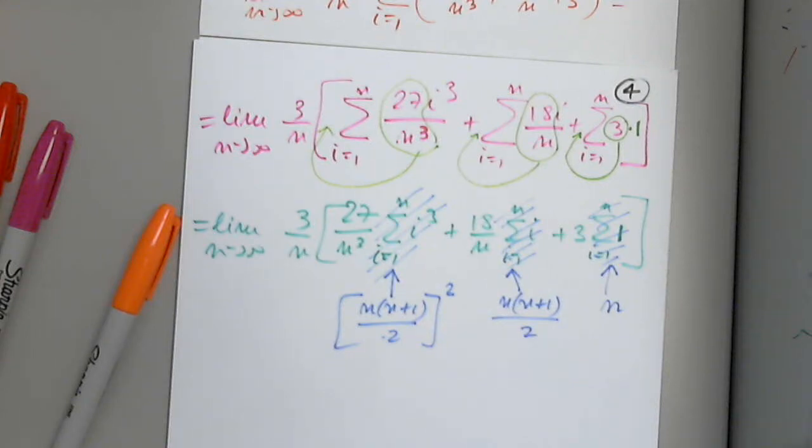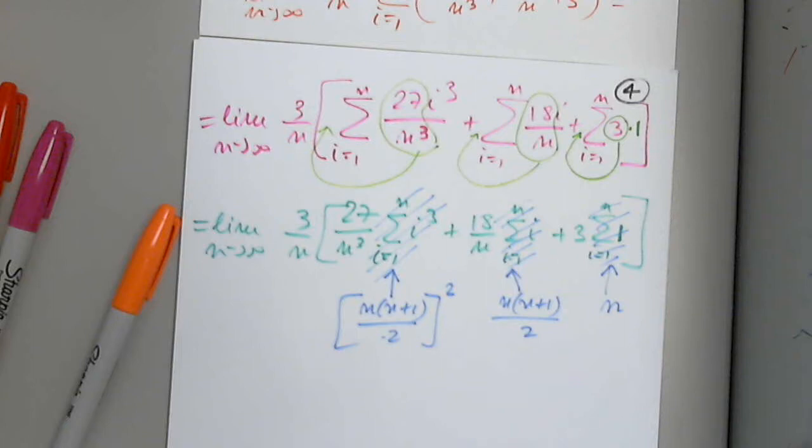But we have to remember these four. We have an identity for i cubed, one for i squared, one for i, and one for 1. We only have a total of 4, out of which 2 are very similar. The one for i squared is the most difficult one to remember: n times n plus 1 times 2n plus 1, over 6, sorry.